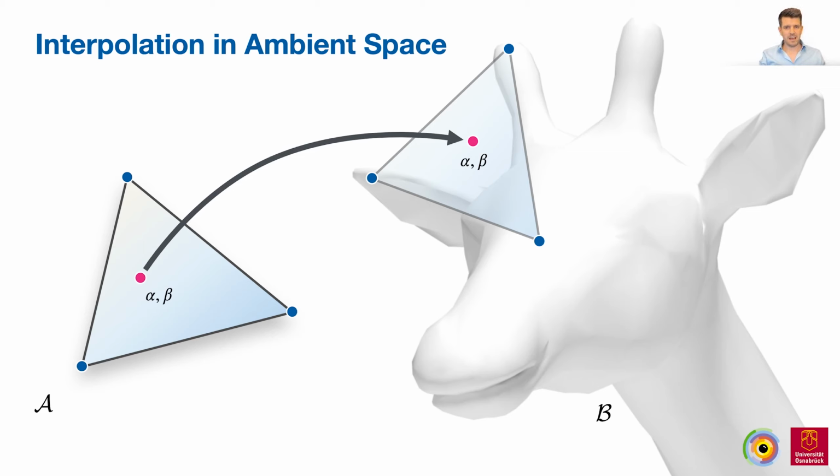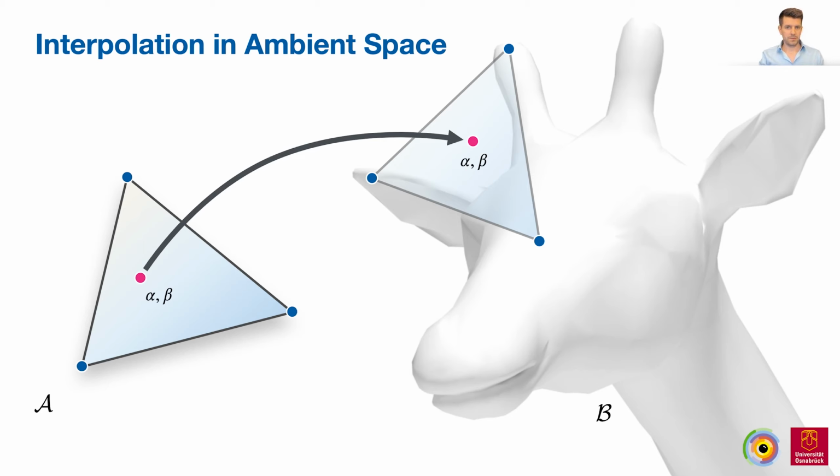Well, on A, we can of course express them as linear combinations of 2 or 3 vertex positions. We could apply the same combinations to these vertices' images to extend the map definition to all points, like we did in the piecewise linear plane-to-plane and surface-to-plane setting.